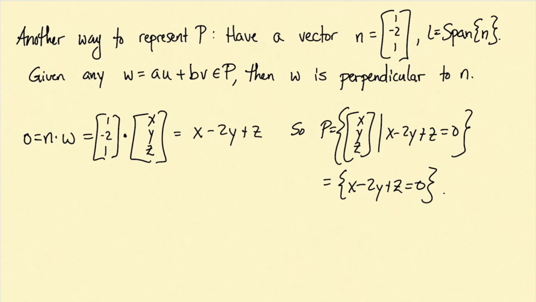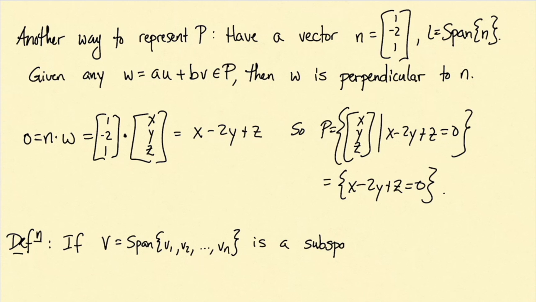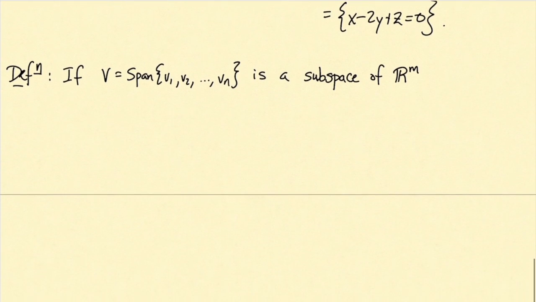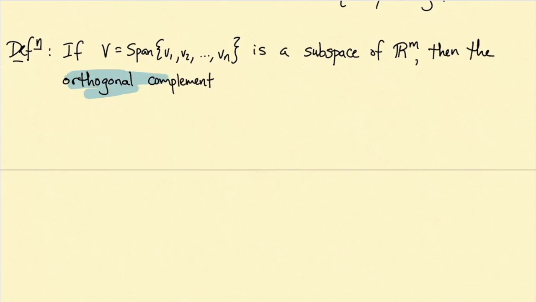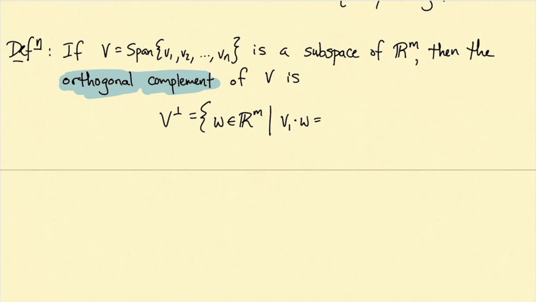So as you might guess, this set of perpendicular vectors is actually relatively important. So we're going to give this a name. If V, which is the span of the vectors v1, v2, down to vn, is a subspace of Rm, then we define the orthogonal complement to be this space of perpendicular vectors.